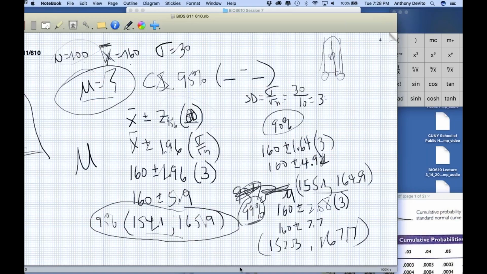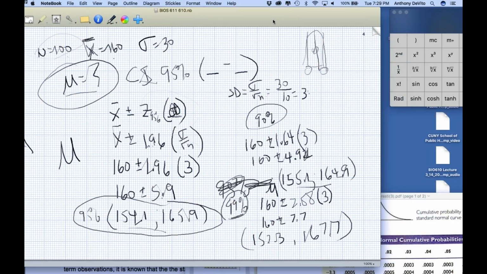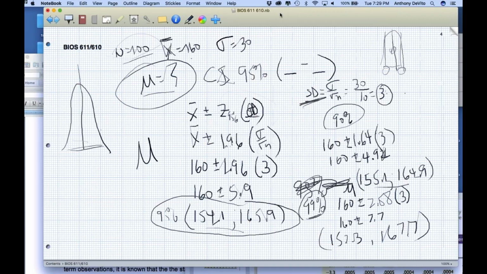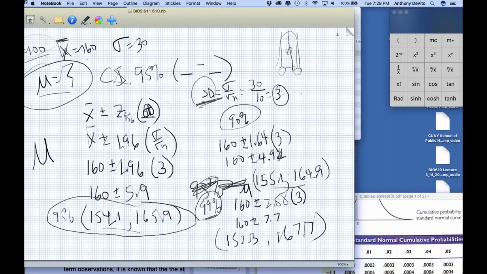Now, I accidentally gave away a couple of terms that I haven't defined yet. This number, which is the standard deviation of the sample means for that particular sample size, instead of calling it the standard deviation of the sample means, we call it the standard error.